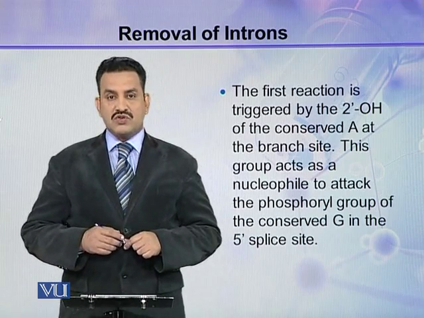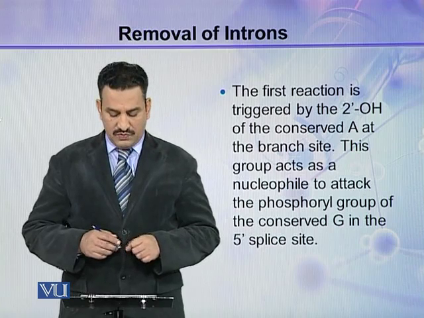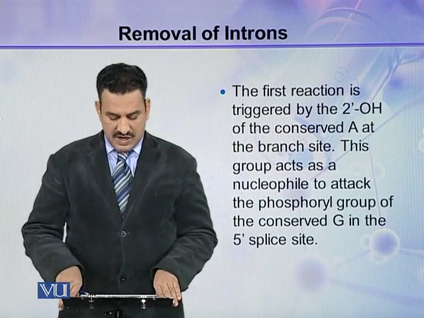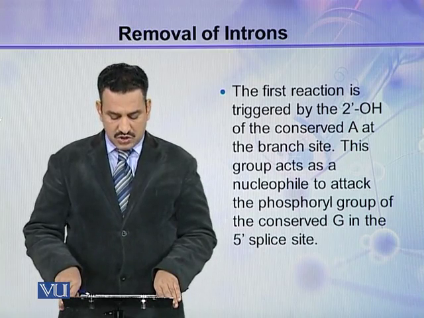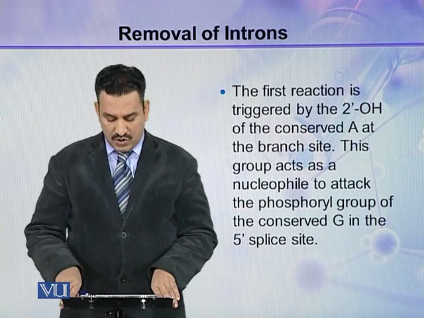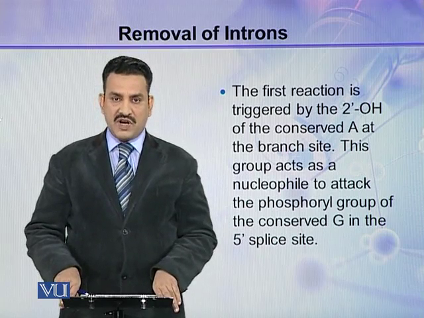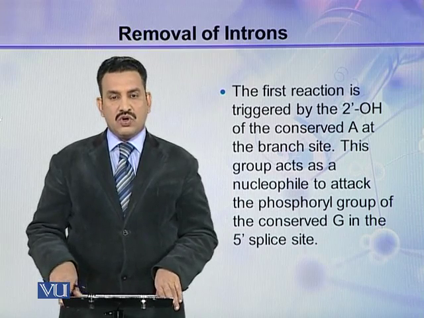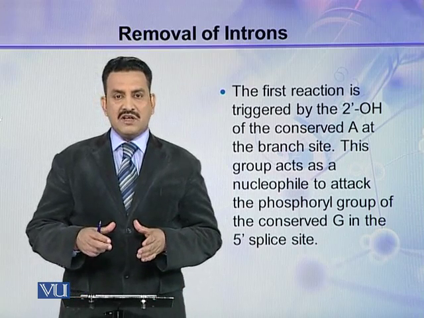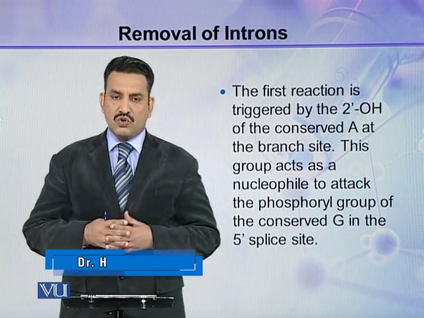The first reaction is triggered by the 2' OH of the conserved A at the branch site. This group acts as a nucleophile to attack the phosphoryl group of the conserved G in the 5' splice site. So you have seen in the intron there is a conserved nucleotide.